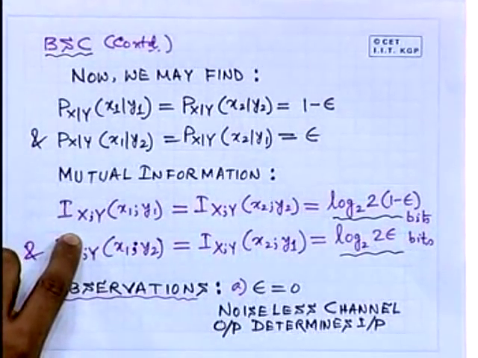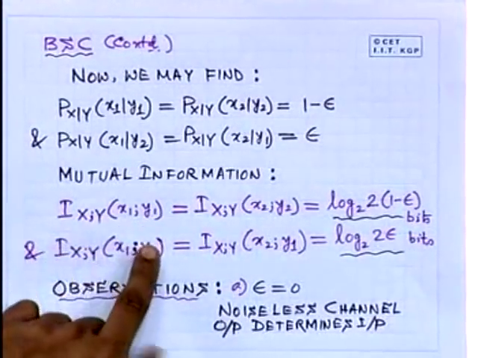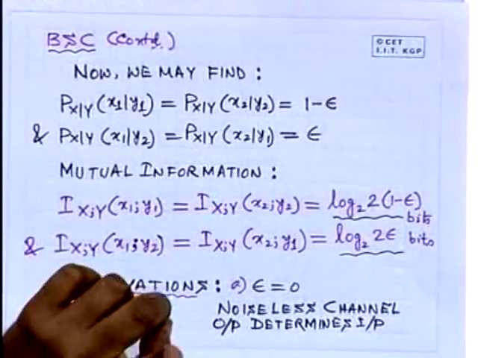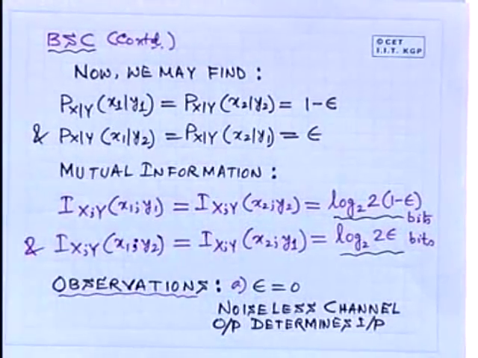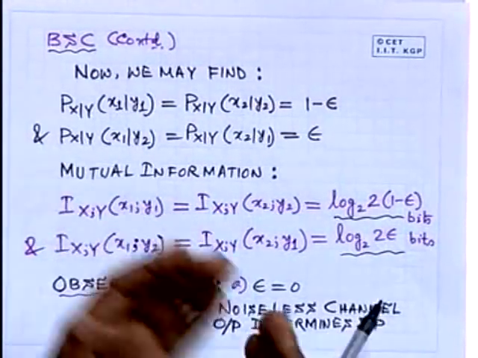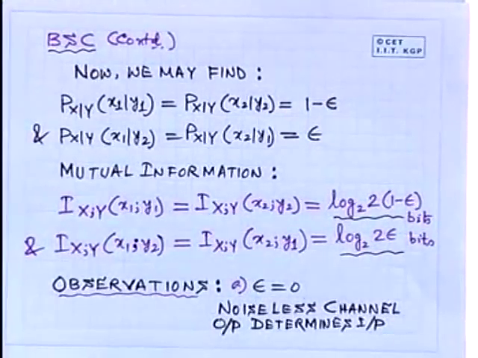Please interpret this: I(x1; y1) is the information about x1 I get when I have actually received y1 at the output. That should be the interpretation of this mutual information.